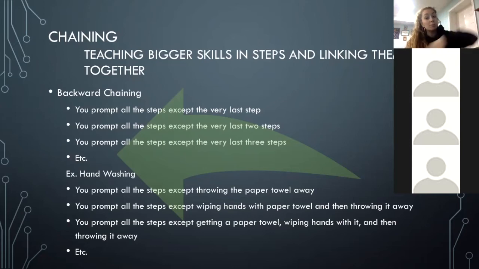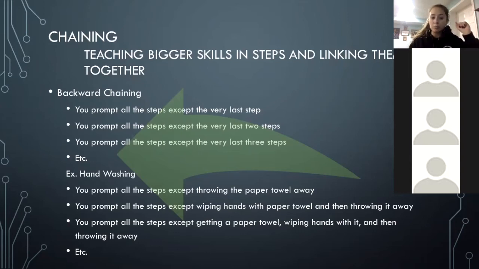You are going to prompt all of the steps except for the last 2 steps. They master those. Then you are going to prompt all of the steps except the last 3 steps, etc. Hand washing, this looks like you are prompting everything in the hand washing process except throw the paper towel away. They will do that, okay?